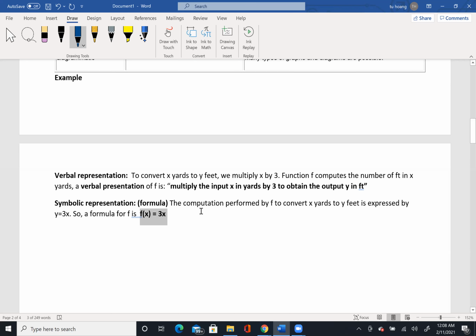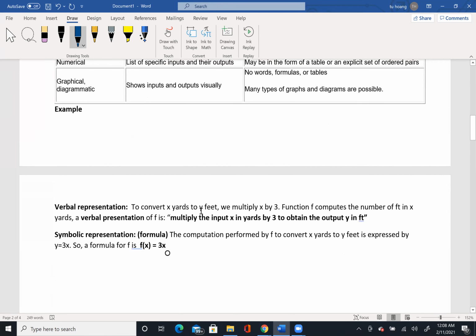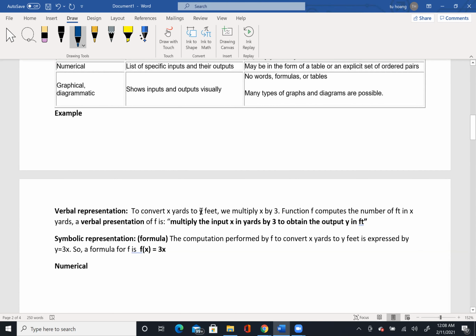Okay. And now we move to the numerical one, right? Let's have numerical representation.